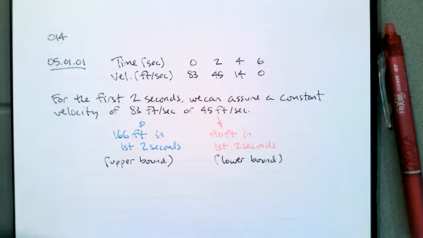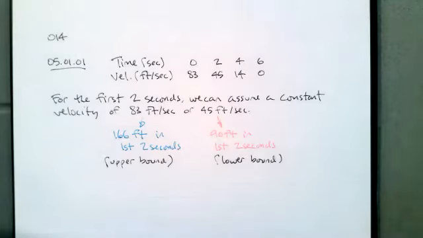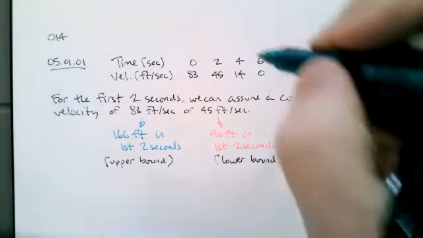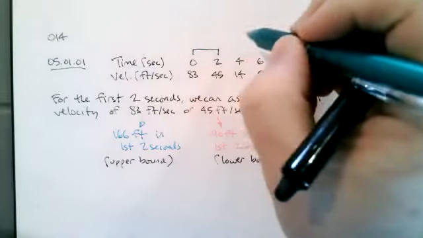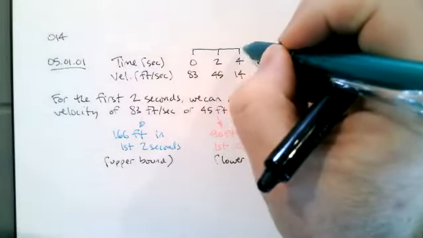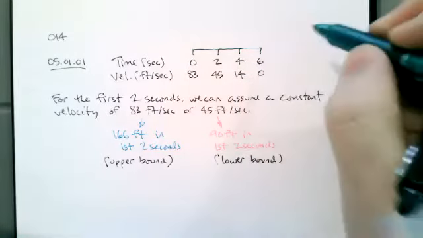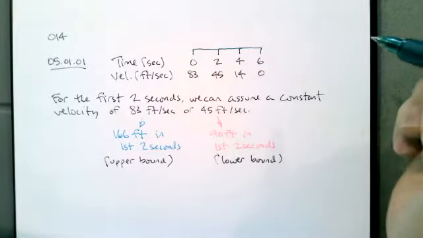That's a terrible estimate, especially when we're talking about a car coming to a stop. 166 feet is a pretty long way to go, especially since we weren't traveling that fast in the beginning. Now we just have to do this for the other 2 rectangles. So we can look at this and we can see, there's the first 2 seconds. And we're going to think of 3 rectangles.